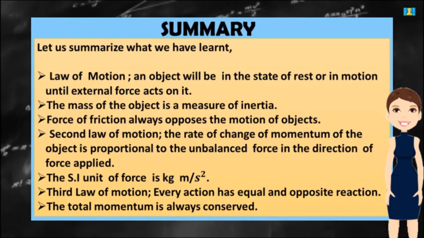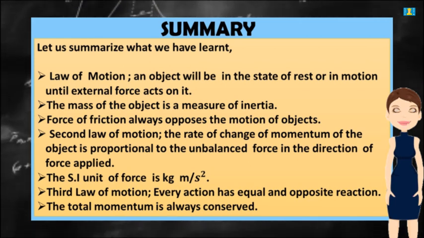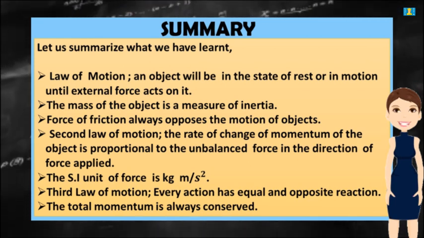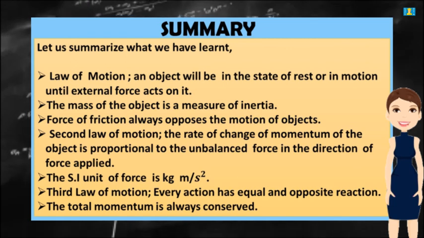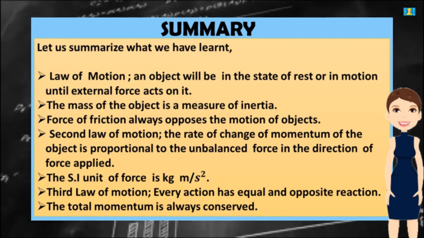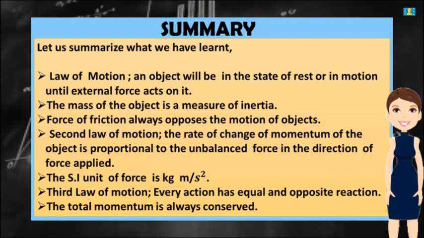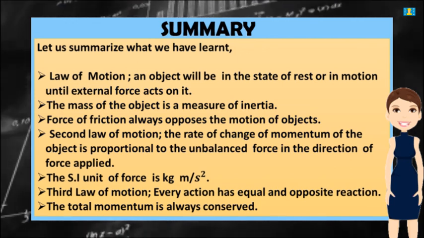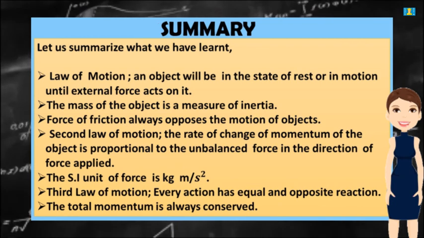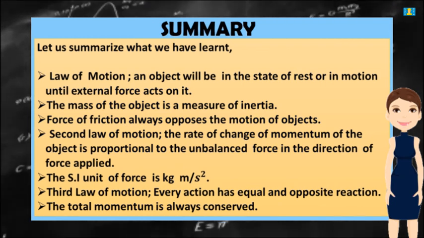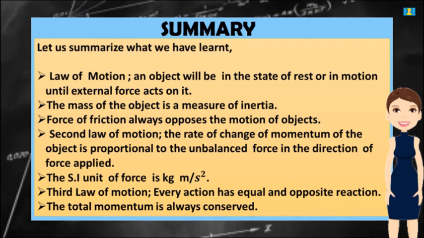Summary. Let us summarize what we have learned. First law of motion: an object will remain in a state of rest or in motion until an external force acts on it. The mass of the object is a measure of inertia. The force of friction always opposes the motion of objects.